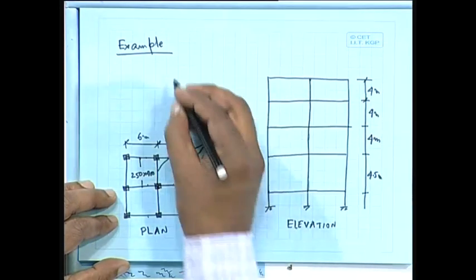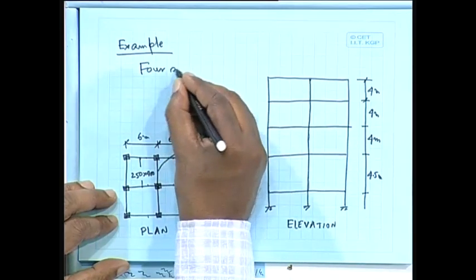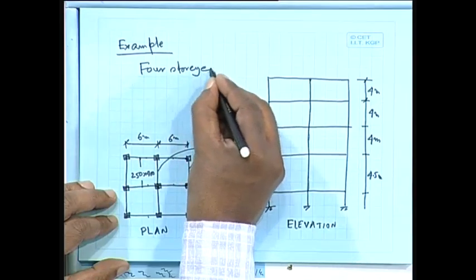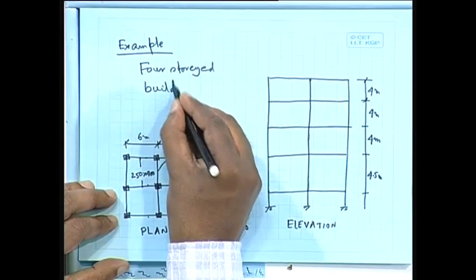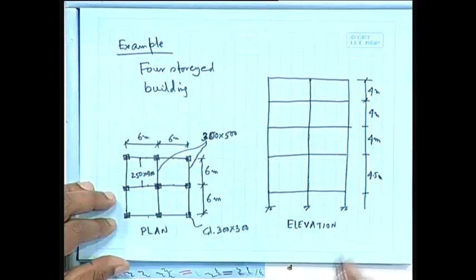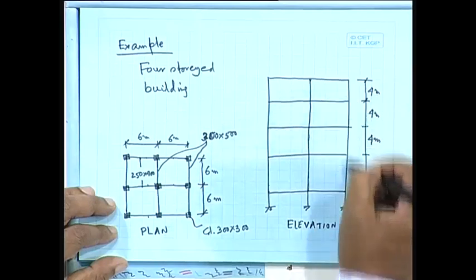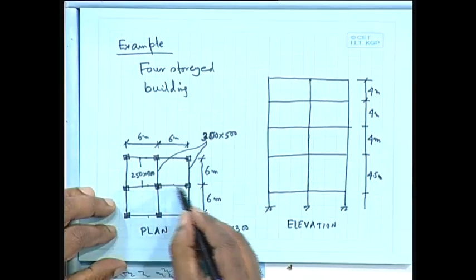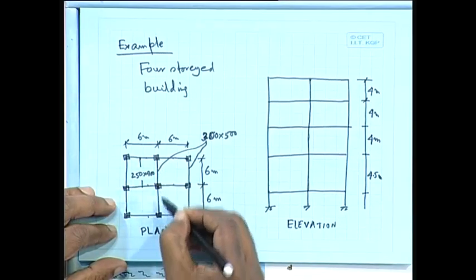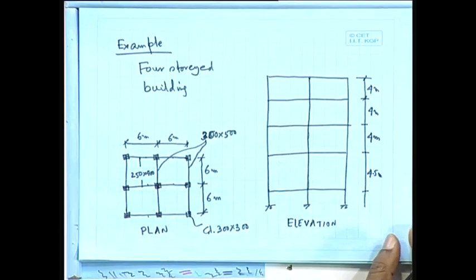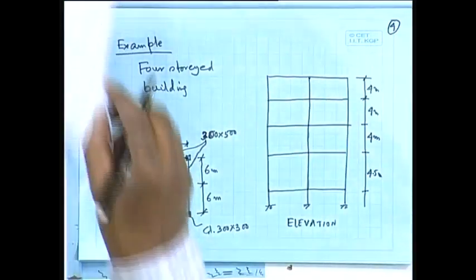So this is a 4-storied building. Here we have this beam and this beam and the column. So we shall find out the effective length of each column.